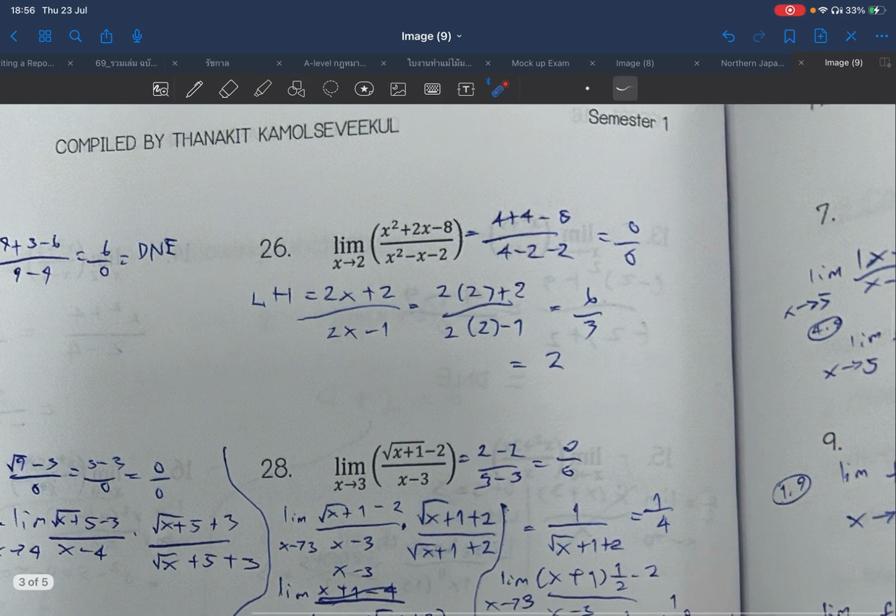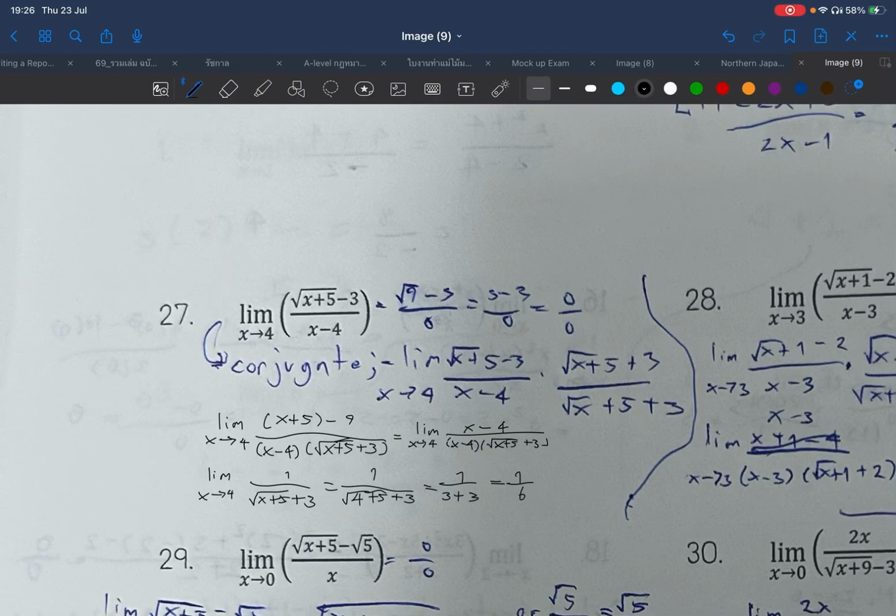We should substitute x as it approaches 2 to get 2 times 2 in brackets plus 2 over 2 in the brackets minus 1. Simplifying all of these, we should get 6 over 3. Dividing these two will get us 2 as our final answer.